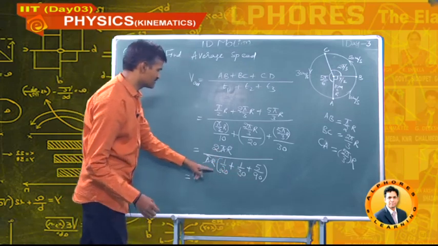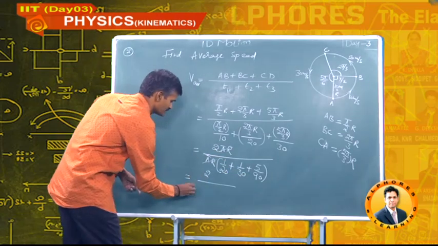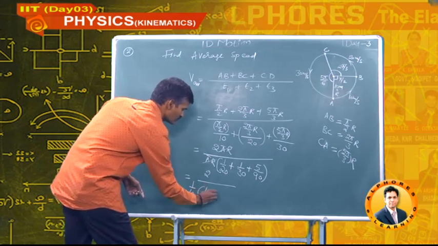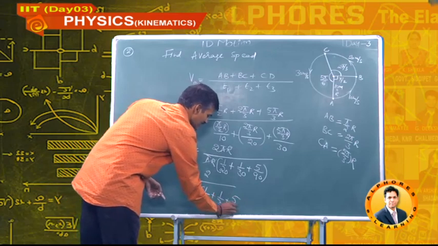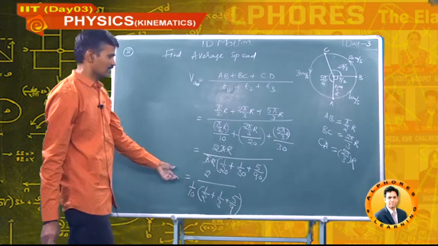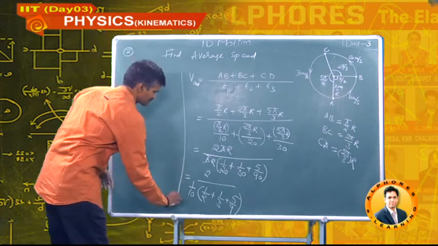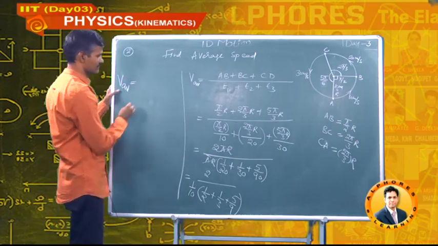On taking common, 0 goes to numerator. So, this is 2 by 1 by 10 into 1 by 2 plus 1 by 3 plus 5 by 9. I am calculating the LCM here.